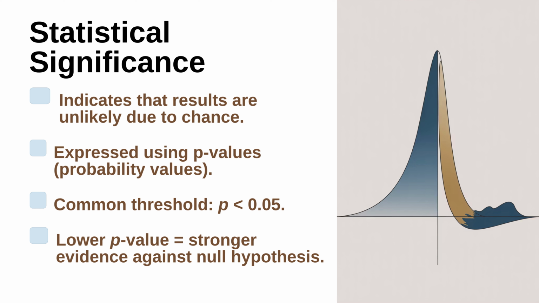What does it mean when results are statistically significant? Statistical significance means results are unlikely due to chance. It is expressed using p-values or probability values. If the p-value is less than 0.05, we reject the null hypothesis, meaning the result is statistically significant.